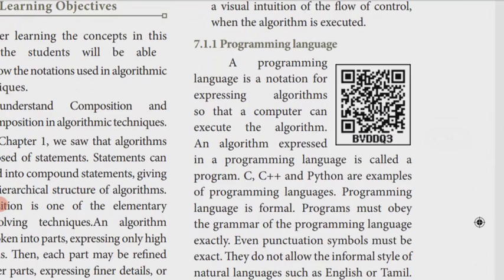The first one, programming language. I already told you, that is using programs, we are going to create a program to solve the particular problem. That language may be English or Tamil or any other language, but mostly we are using English programming languages.